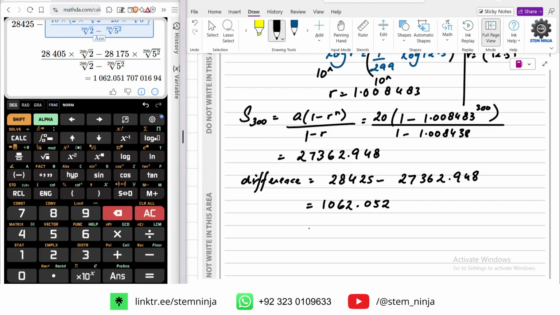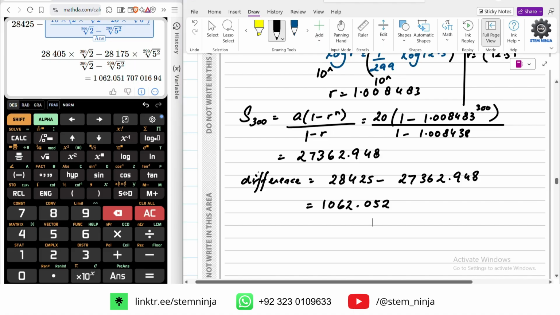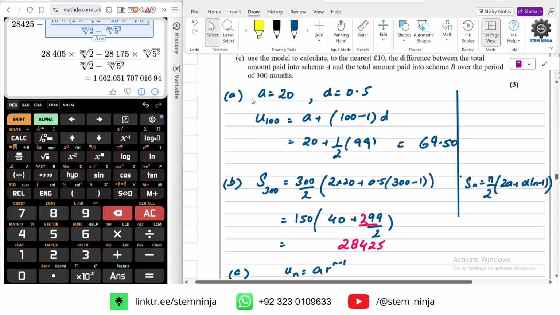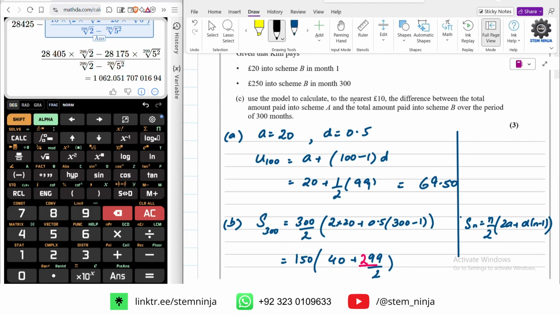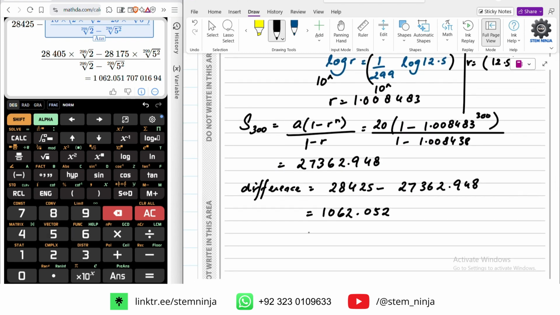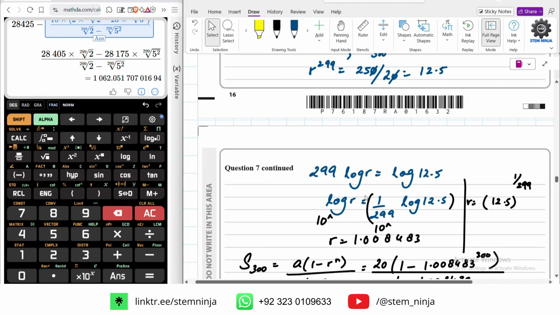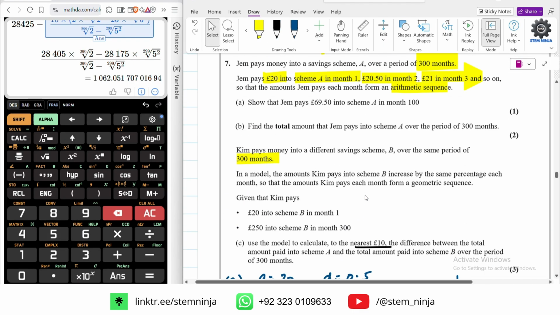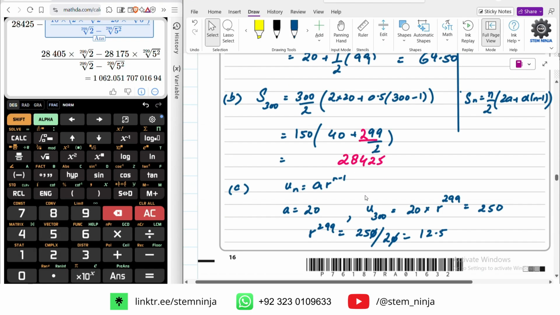I think they gave us something to say, to the nearest 10. So this can be written as 1060. Final answer. And that's it for question number 7.